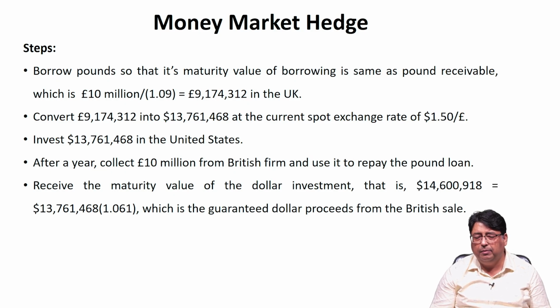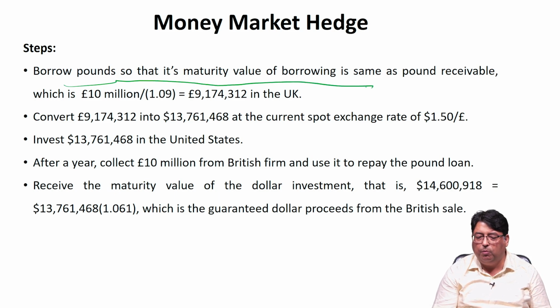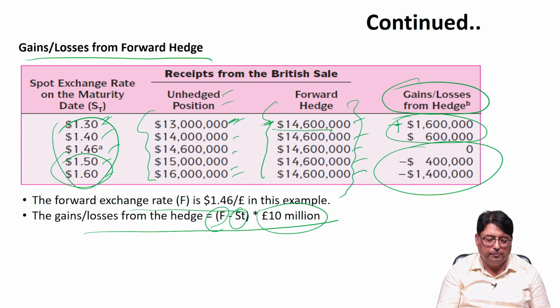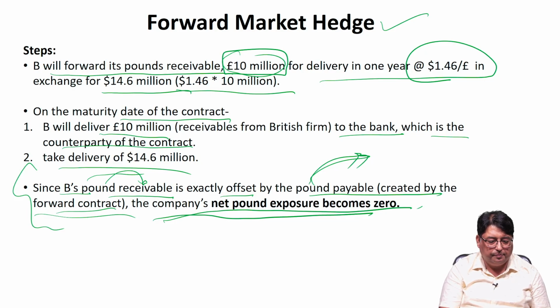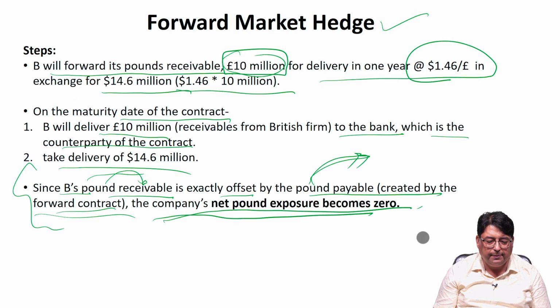Now, let us see money market hedge. The steps are: borrow pounds so that the maturity value of borrowing is the same as the pound receivable. As you know, the borrowing rate in pound is 9%, it is given here, 9% per annum, that is the pound borrowing rate.